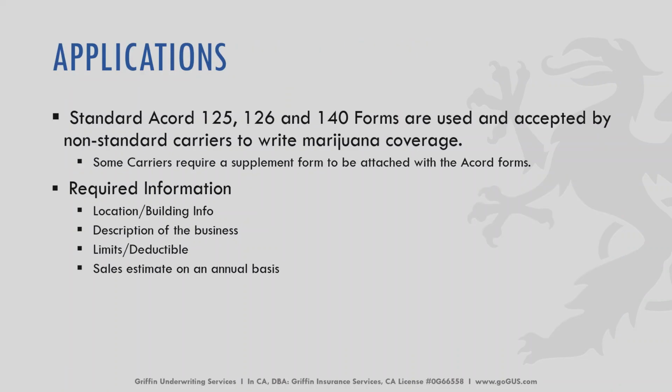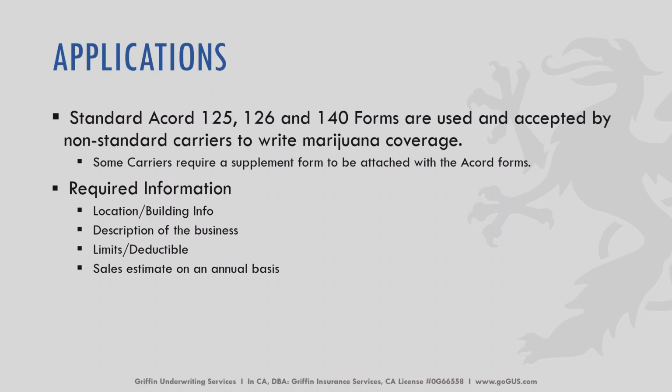Typically what we need is an Accord 125 and 126 if you would like a quote for general liability coverage. We also have a marijuana supplemental application. If you want commercial property, you'll need the Accord 140. Most carriers accept these forms. If there's a specialized form from a specific carrier, our underwriters will let you know.